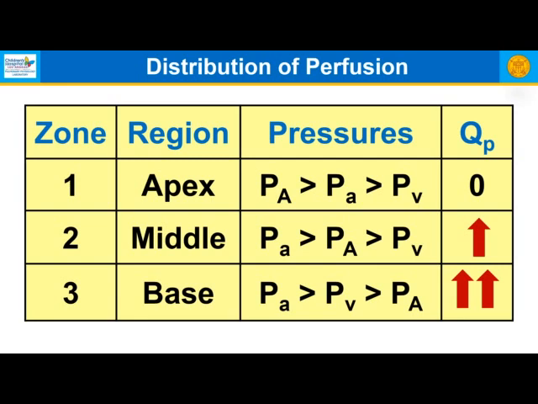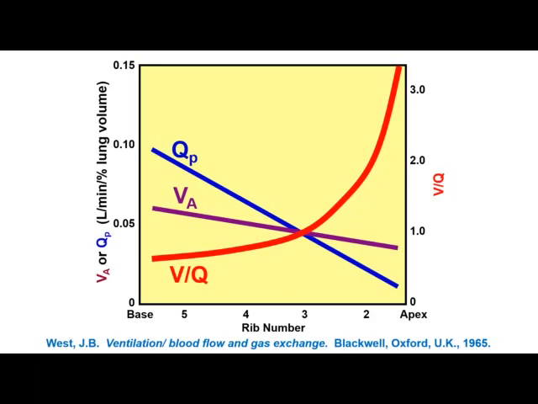We can now plot the change in ventilation and the change in blood flow from the base to the apex of the lung. Ventilation is greatest at the base, less at the apex, but the slope of this line is not that great. Blood flow at the base of the lung is considerably greater than blood flow at the apex, so the slope of this line is in fact greater.